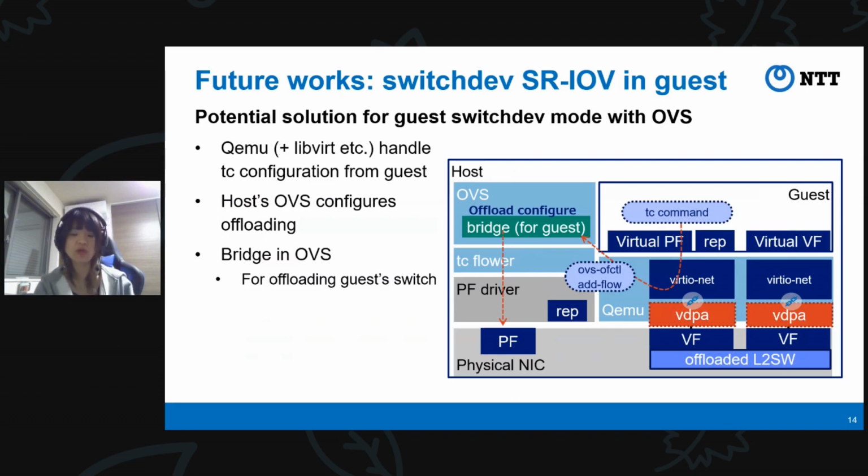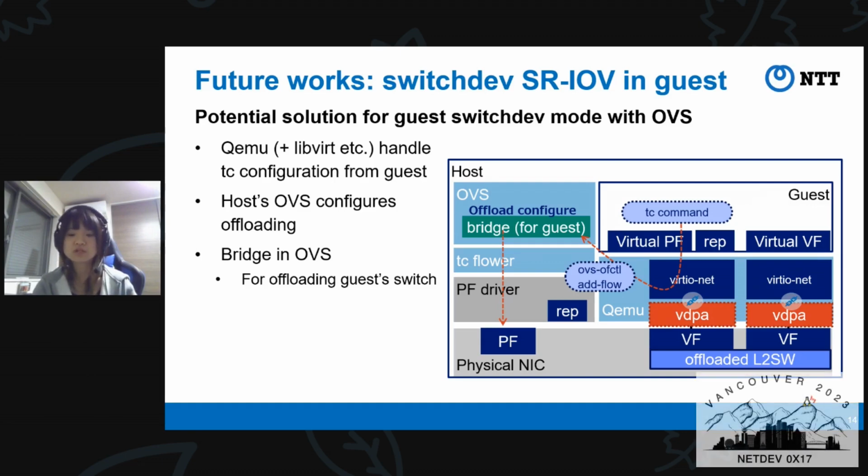Next, we have future work: SwitchDev SR-IOV in guest. We have a potential solution for guest SwitchDev mode with OVS. We considered QEMU and libvirt etc. handle TC configuration from the guests.